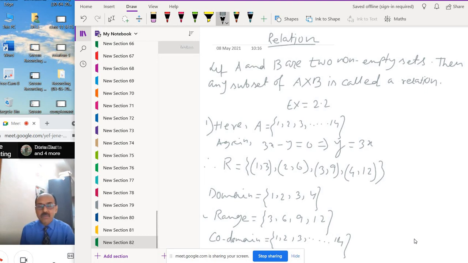So the relation condition is y equal to x plus 5, and x is less than 4, that means 1, 2 and 3. Depict this relationship using roster form and write down the domain and range also. Here R is given, and we have to find the relation R in roster form.